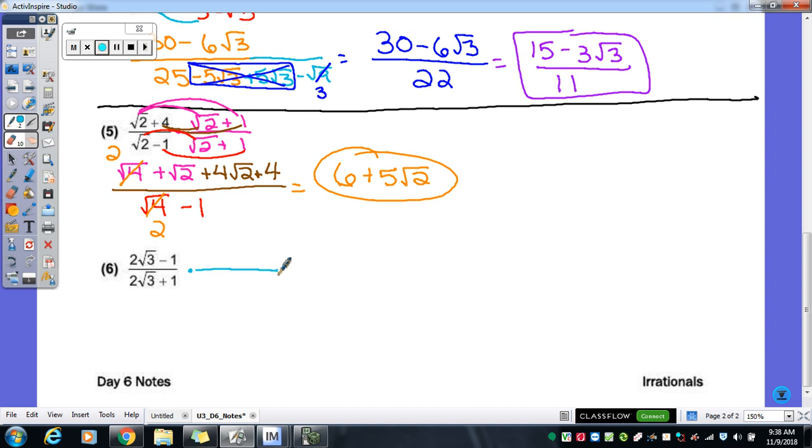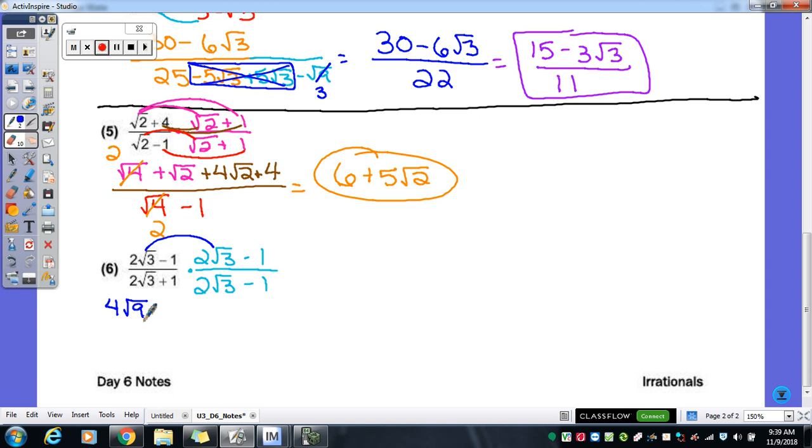All right. What are we going to multiply our top and our bottom by? 2 radical 3 minus 1. That would be our conjugate. So we'll start distributing up top. Multiply the numbers outside, so 2 times 2 gives us 4.